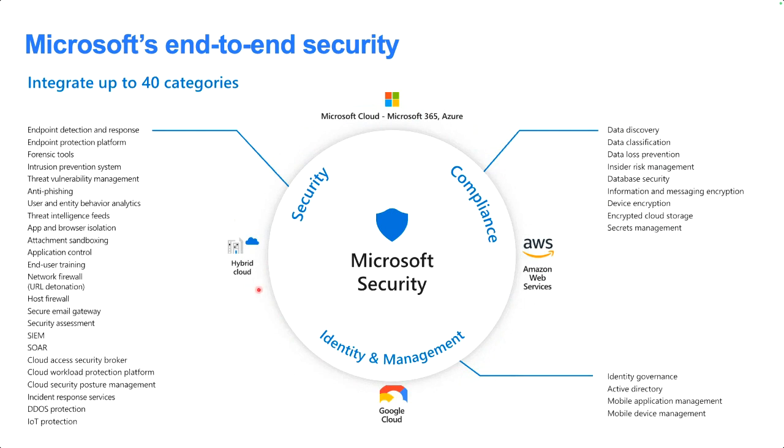Thanks to Azure services, you can bring your on-prem infrastructure to the cloud and make it compliant with your company compliance policies. But you can also manage your AWS and Google Cloud services with Microsoft security tools.